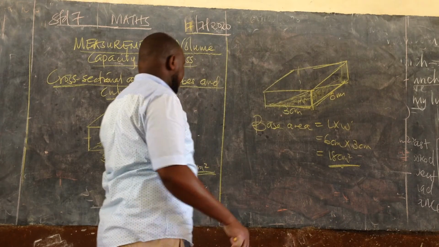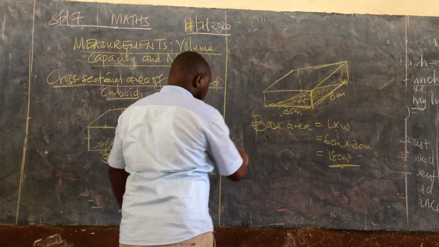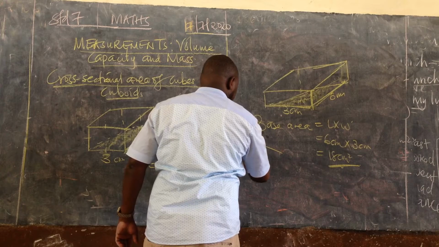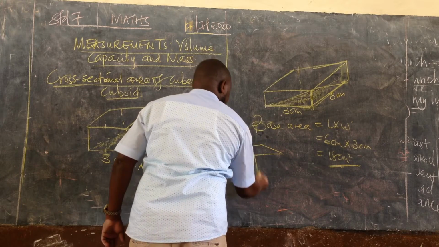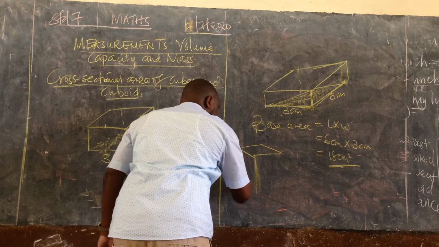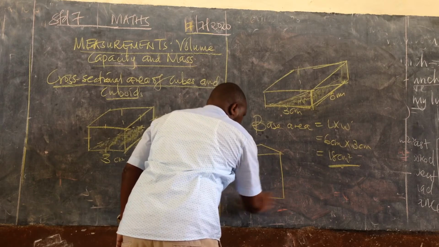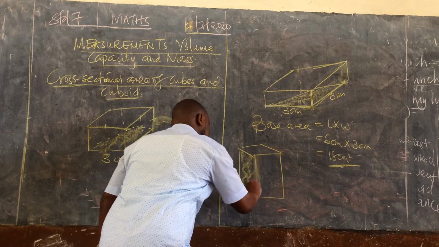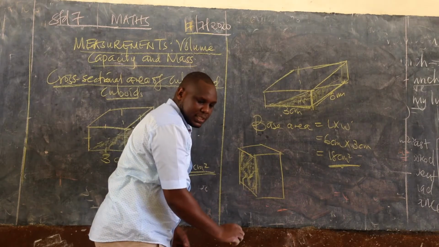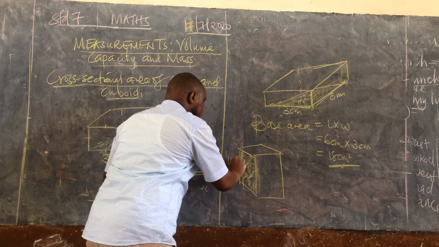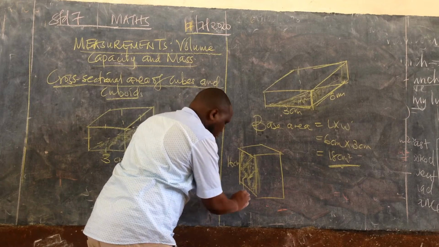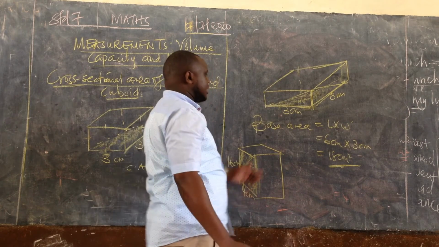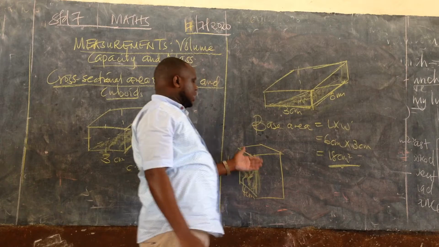I want to give you another example here, Lana, of a shape. This is one of the easiest parts of this topic, whereby you are given this, colored like this. You realize in this case, we cannot use the base area, because base area means the one that is touching the ground. This one is not touching the ground.